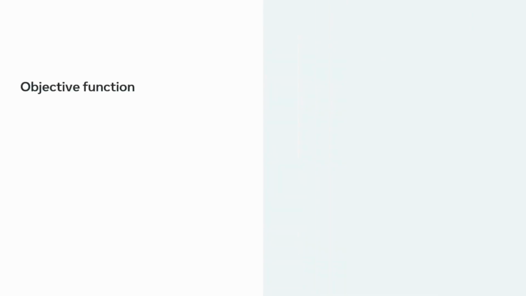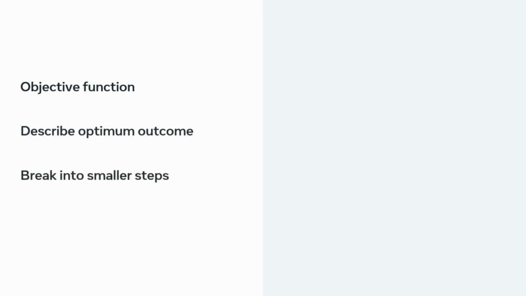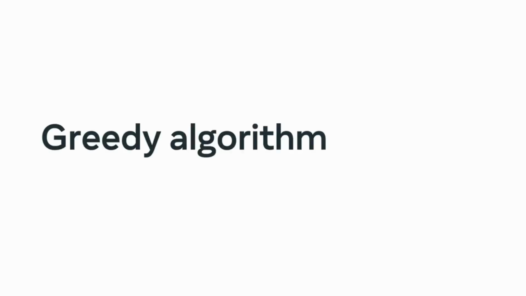Essentially, this can be outlined as first, determining the objective function. That is the description of what the optimum outcome is to be. Next, breaking the problem into smaller steps, and then deciding which dynamic programming approach you would like to apply to achieve your desired outcome. Finally, you learned about greedy algorithms. In comparison to the dynamic programming approach, a greedy approach would look at the list of solutions and implement a local optimization.